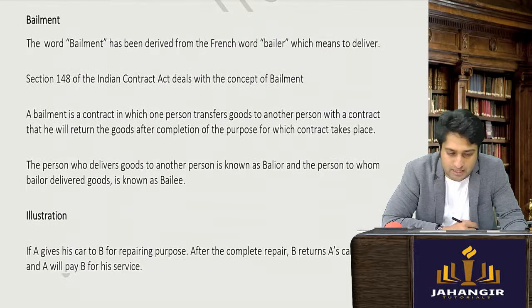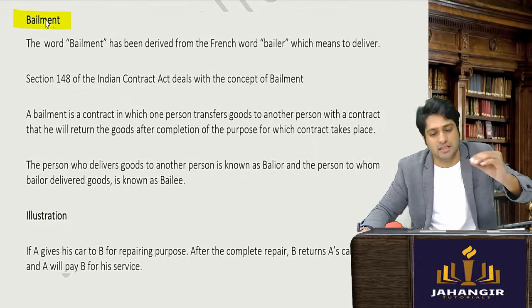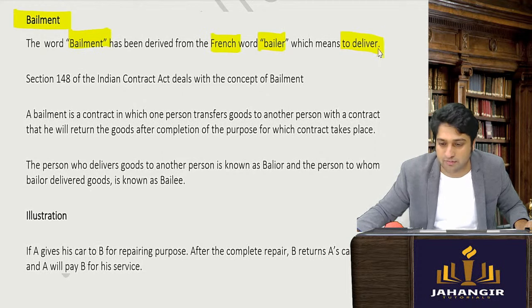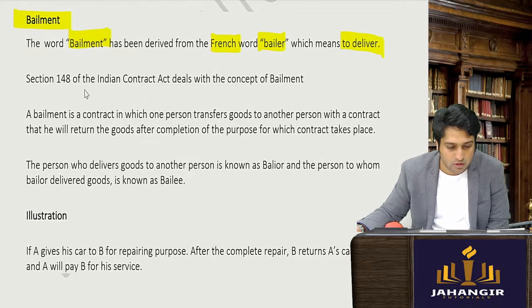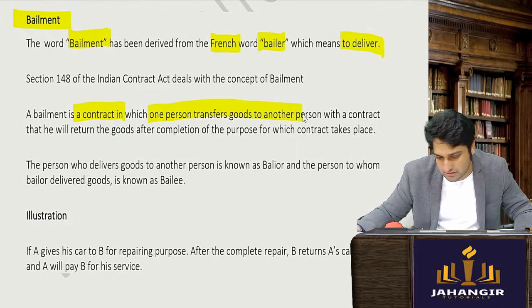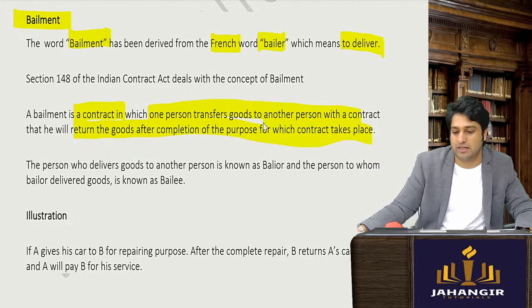Now in the Indian Contract Act, a few terms, that is bailment. Bailment is a French word, derived from the French word bailer, which means to deliver. Bailment is a contract in which one person transfers goods to another person with a contract that once the purpose is over, the goods will be returned back.